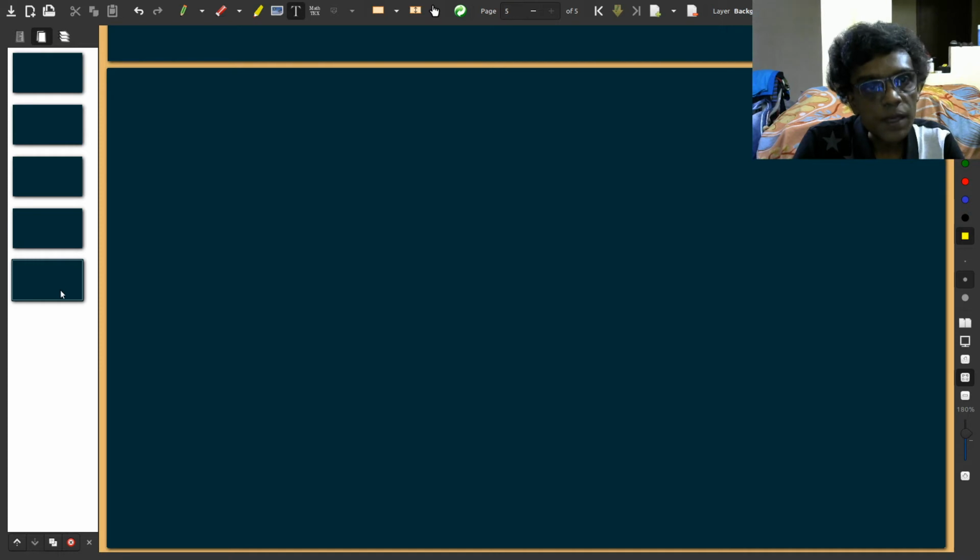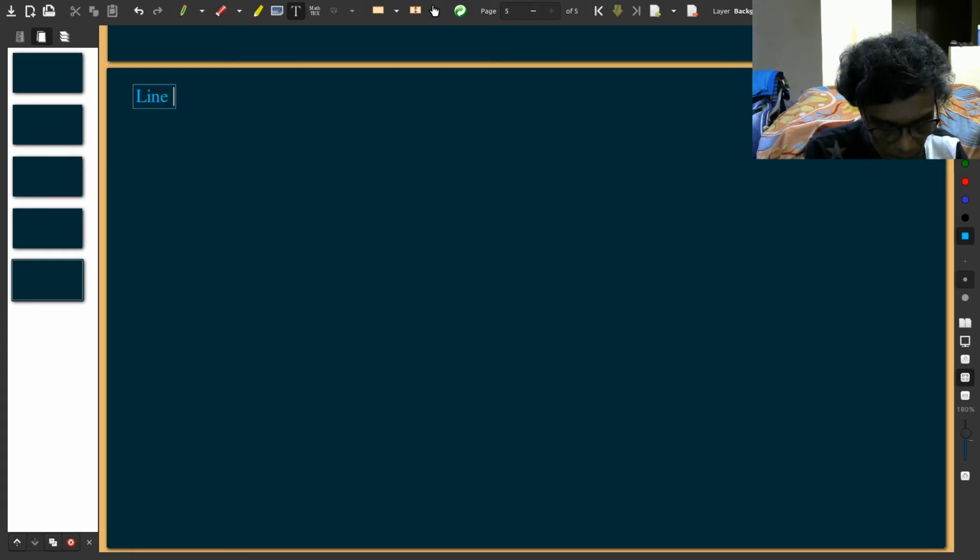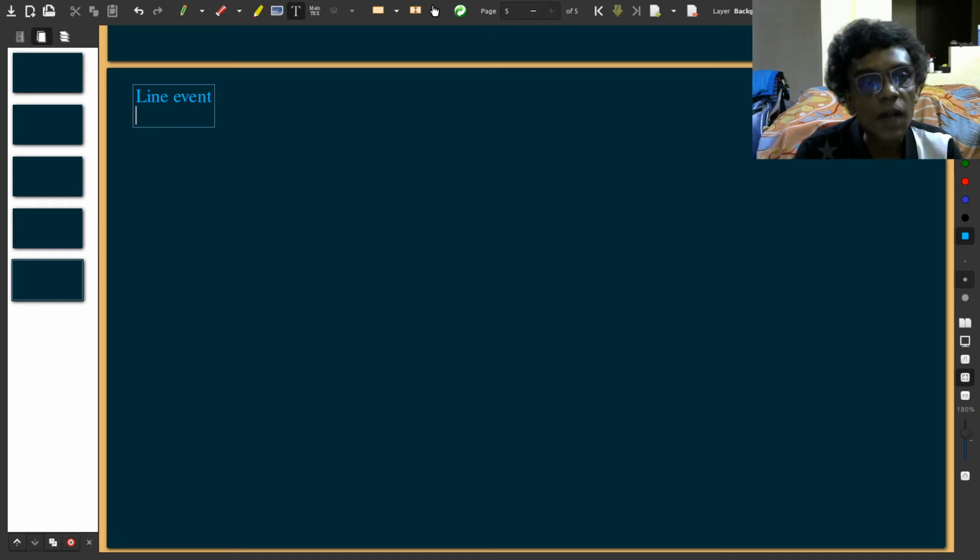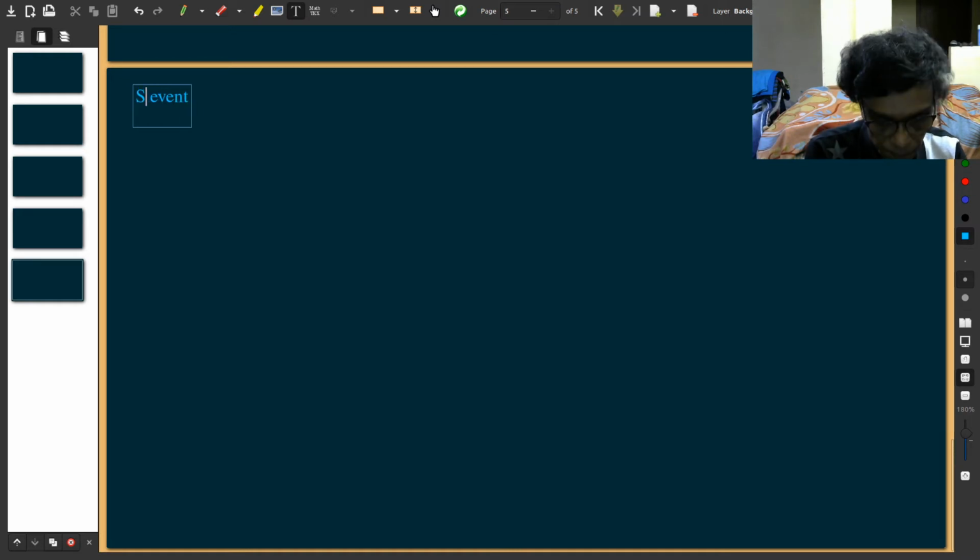Maybe there are actually two types of events. One is called a site event, and the other type of event is called a circle event.